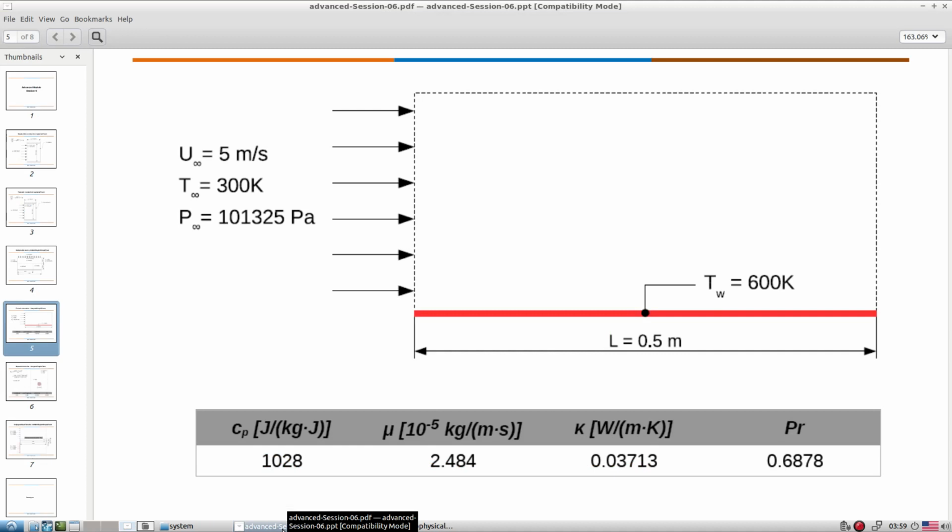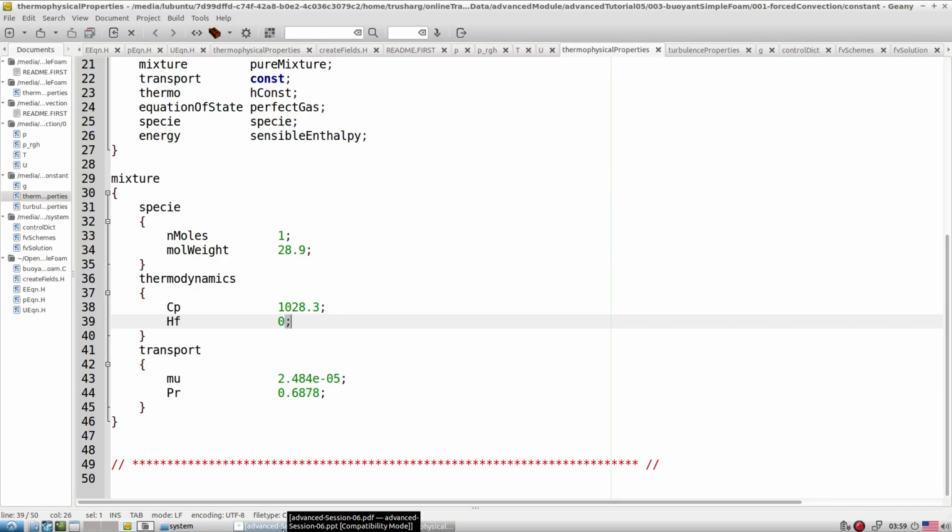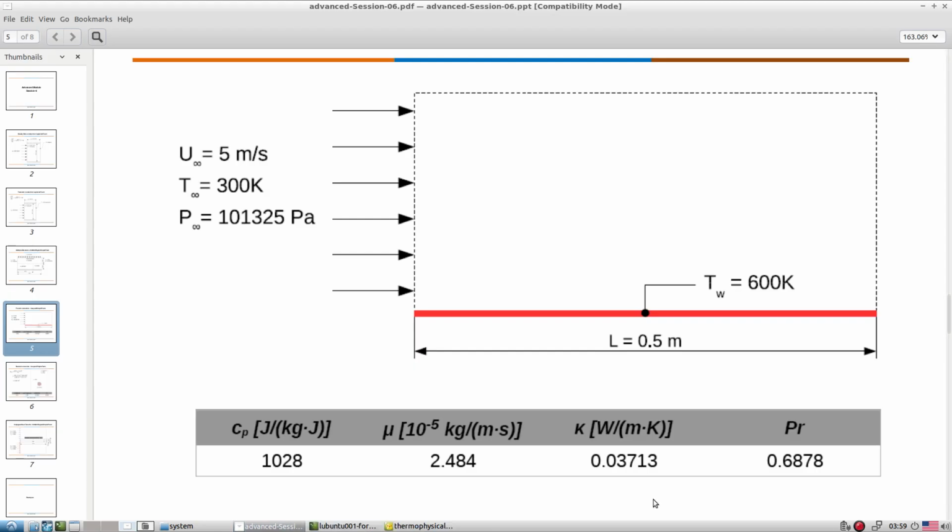Based on this you can quantify the PR. So PR is nothing but nu by alpha, and alpha is nothing but K over rho Cp. So K over rho Cp gives you the alpha value. Okay, so that is a very nice way to quantify the heat transfer over a flat plate.